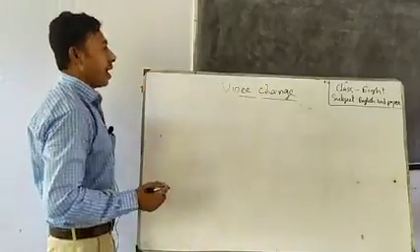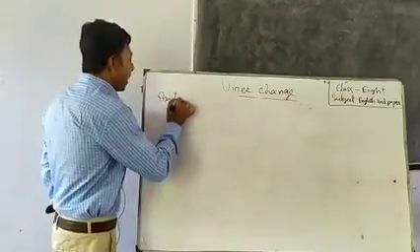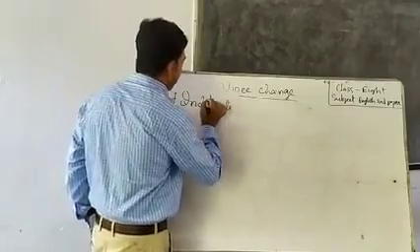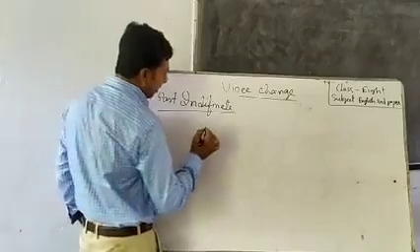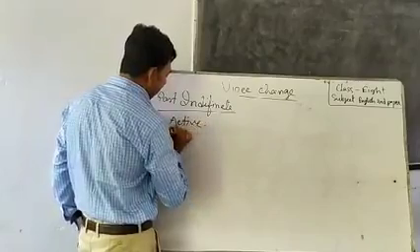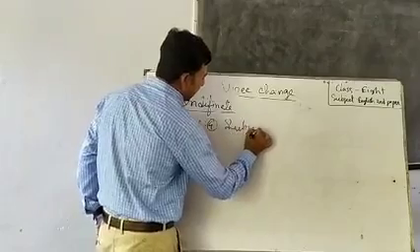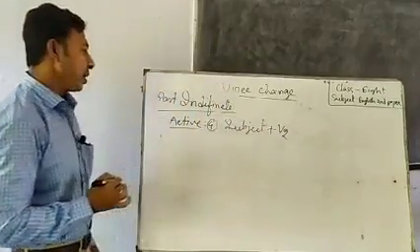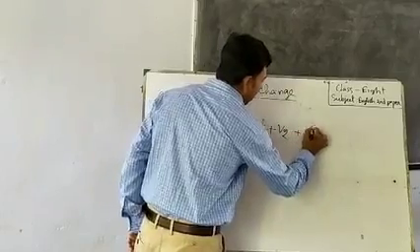Dear student, I write here another tense, which is past indefinite. And I show here a structure for past indefinite. Active 4: subject plus V2. V2 means past form of verb, plus object.